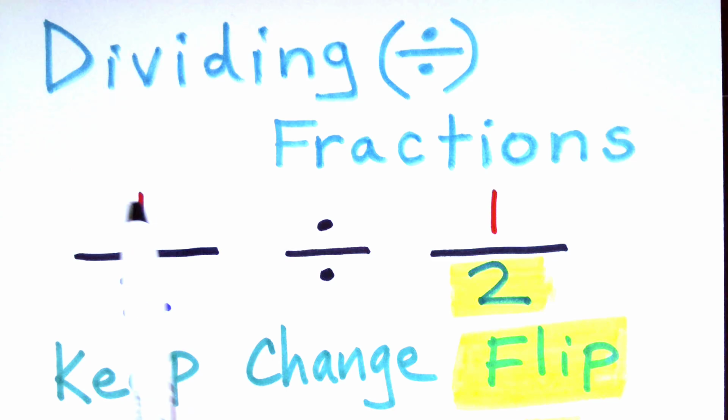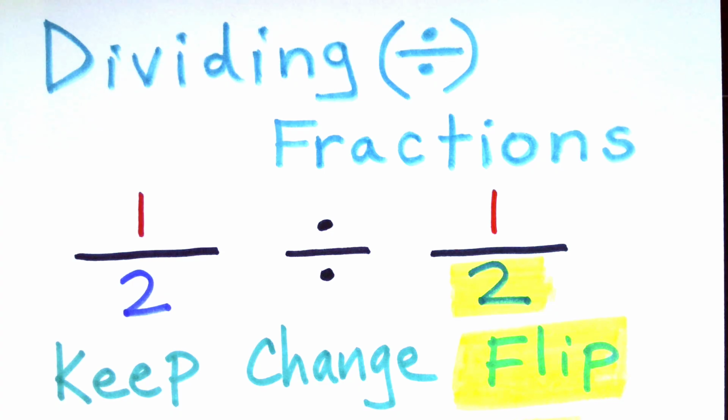You keep this first fraction the same. You change division to its inverse operation, or the opposite of division, which is multiplication. And after you do that, and only after you change division to multiplication, you flip this fraction.